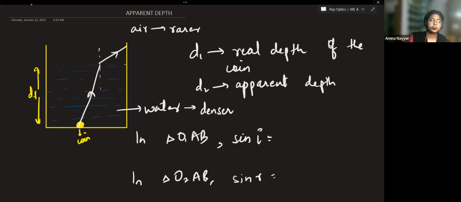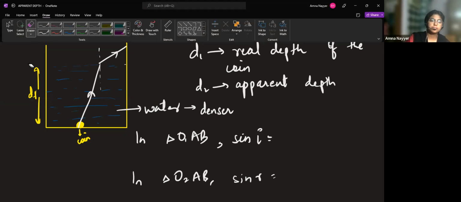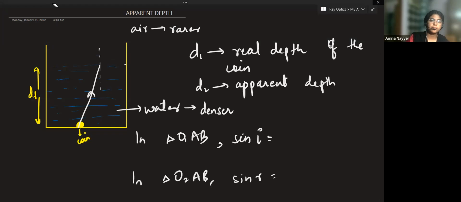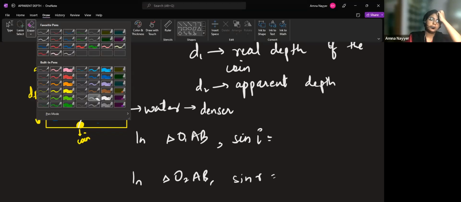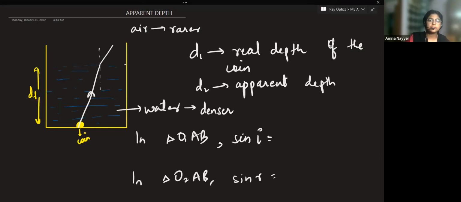Fine, let me redraw this. This will be refracted. Now, if you produce it, here you will be able to see the image, right? Now, these rays will enter the human eye.